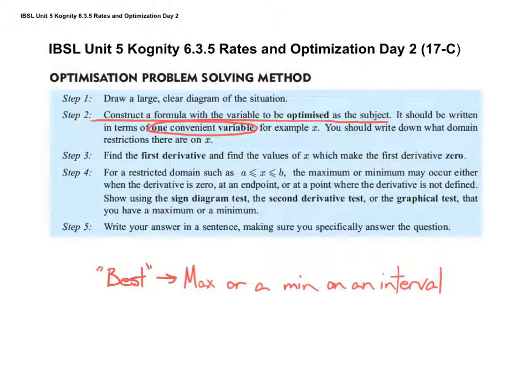Your next task is then going to be to try to write all of it in terms of one variable. So how are these variables related? Can I say that, okay, I've got an x and a y, but I know y has to be 2 times as much as x. So now I have x times 2x, and everything's in terms of x's. That's the kind of thing you have to do.